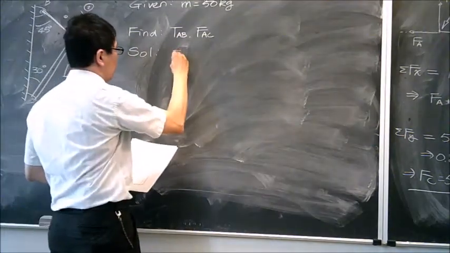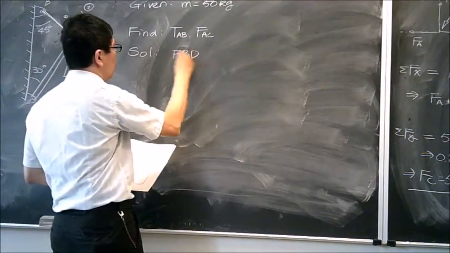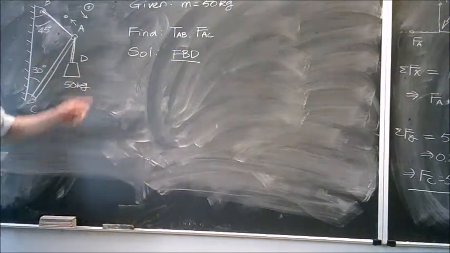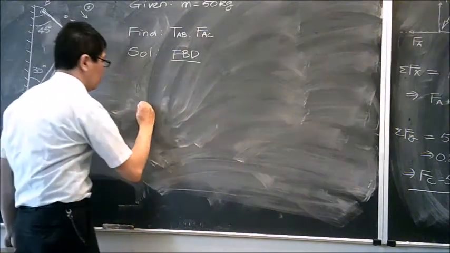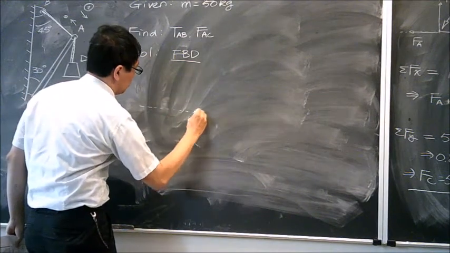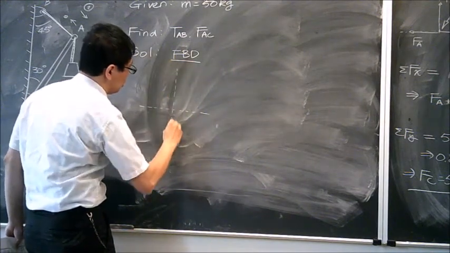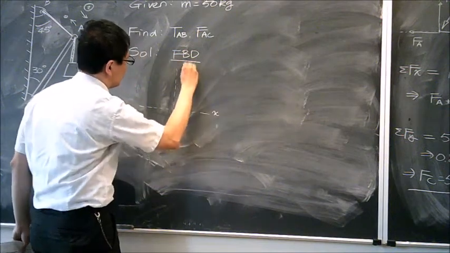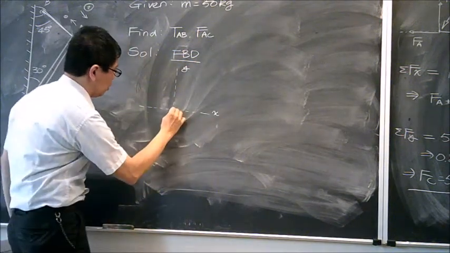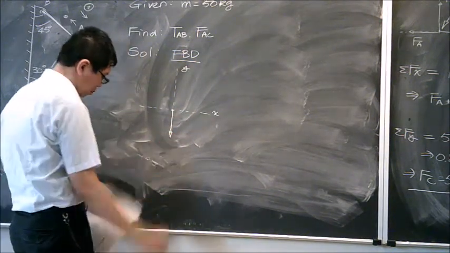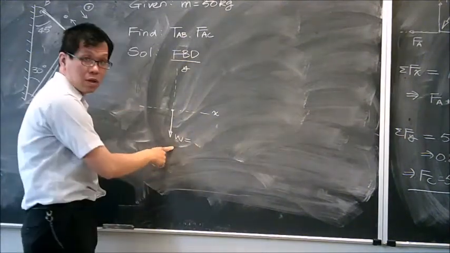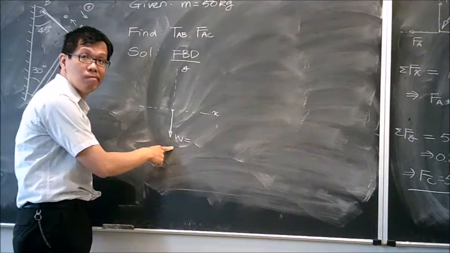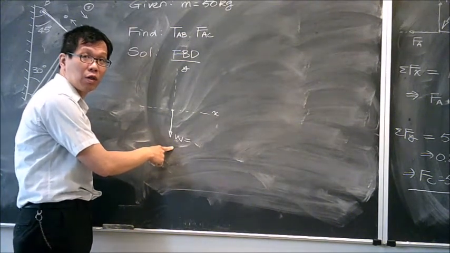Okay. We want a diagram. In this case, all the forces are going to be concentrated at point A. Let's draw the coordinate axes first. Over here, I have my weight. How much is this one? Which kind of unit are we dealing with here?